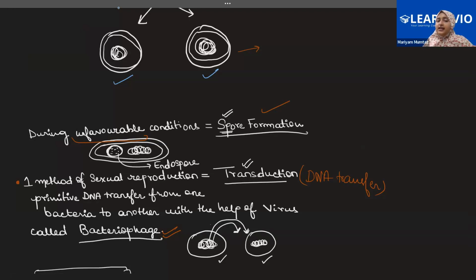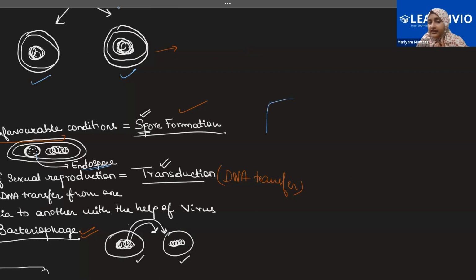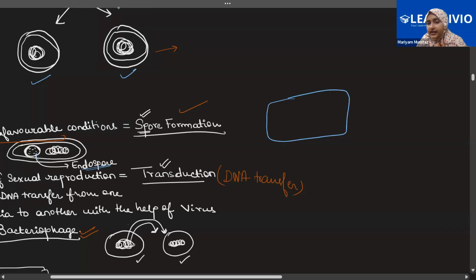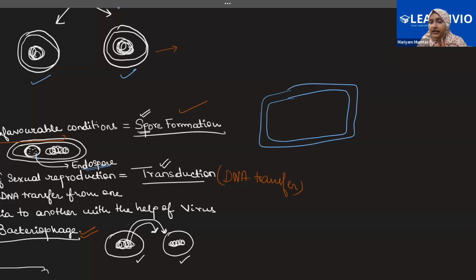In this process, the cell of the bacteria forms an endospore. Endo means inside, so the spore which is formed inside the cell of the bacteria is known as endospore. For example, if this is a cell of bacteria, this is the plasma membrane surrounded by a cell membrane, and inside is the genetic material.